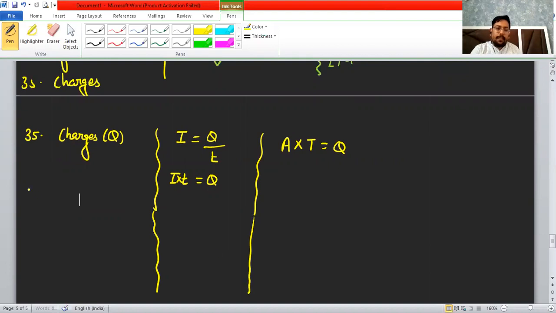Next term, 36th, is potential difference.